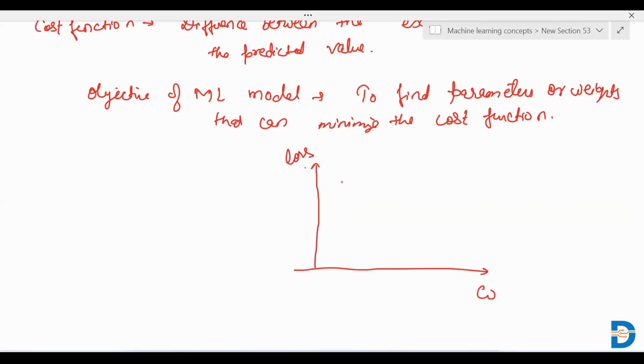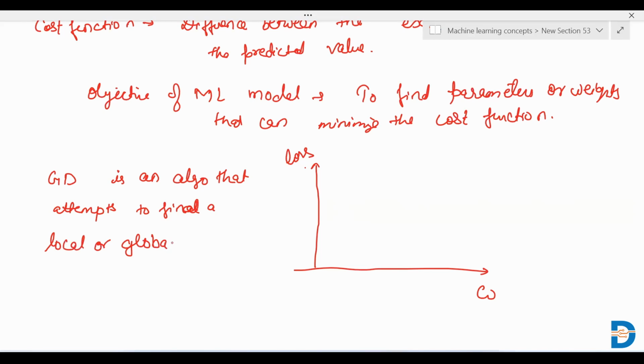Gradient descent is an algorithm that attempts to find a local or global minima of a function.